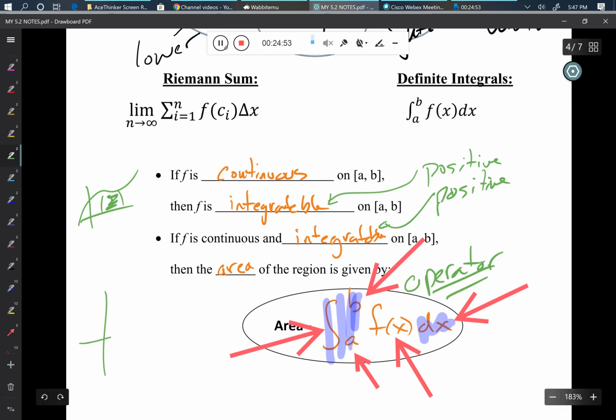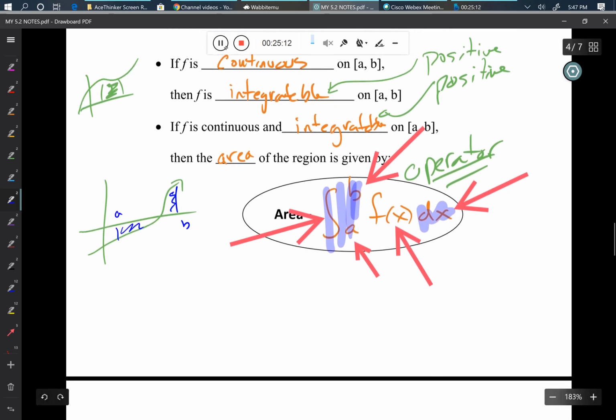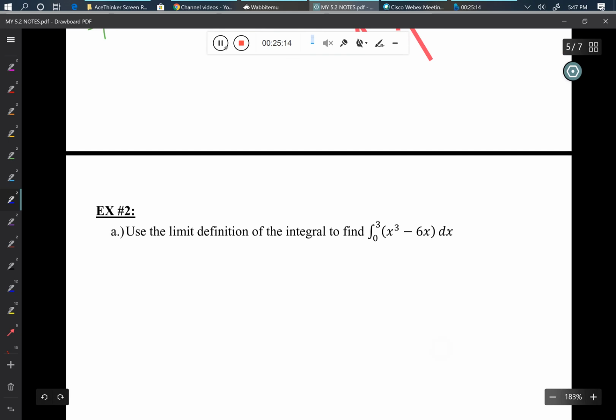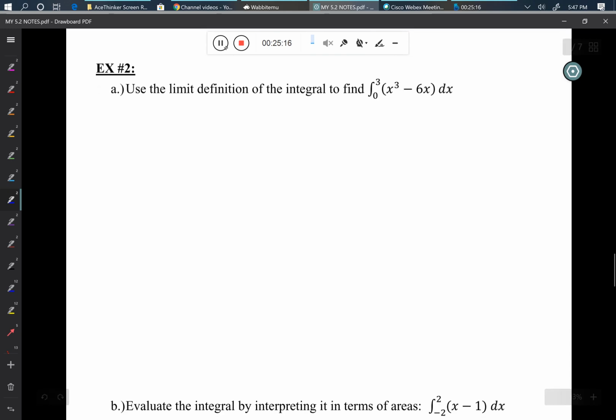Later, when we move forward, we'll deal with what we would do if we had a function that was sometimes below and sometimes above, because that's a different problem. Right now we're going to talk about the ones that are wholly above the x-axis so we can find out what's happening here.